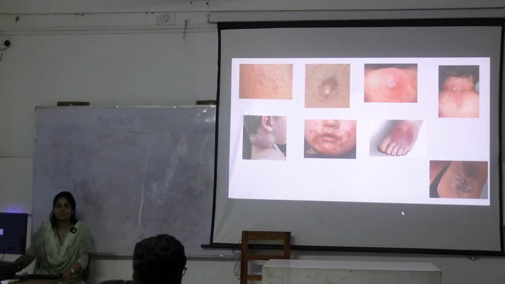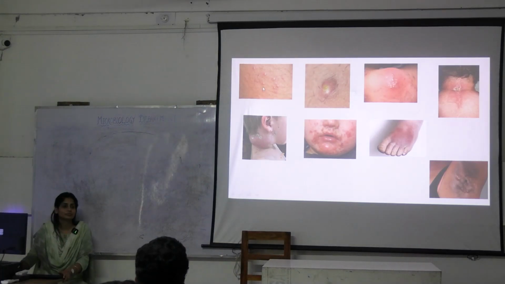Now you tell me which is which. First one, you can see singular follicles getting affected. Folliculitis. This is furuncle. This is carbuncle. This is, can you see the suture mark?